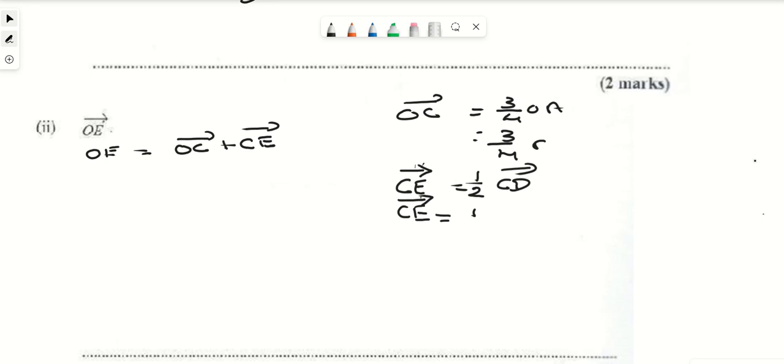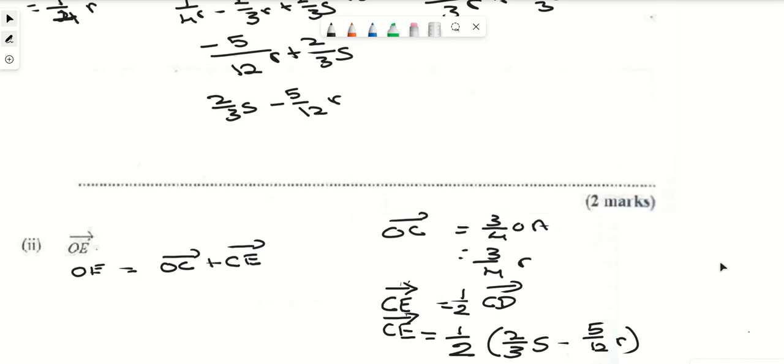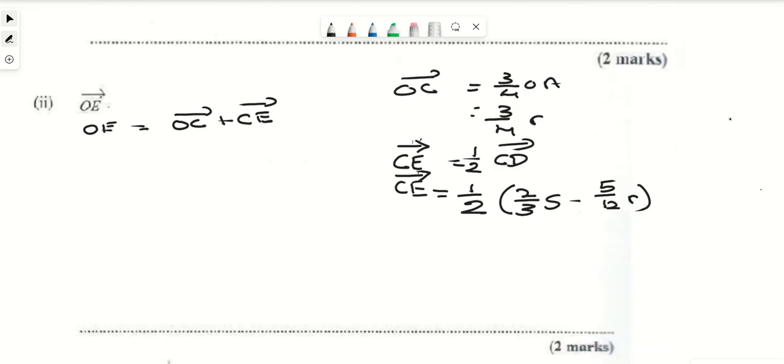So CD is equal to 1/2 by open bracket 2/3S minus 5/12R. We got that answer from this part here. Let's multiply 1/2 by 2/3 S, the 2's will cancel off. That's 1/3S minus 1/2 by 5/12, which is 5/24R.